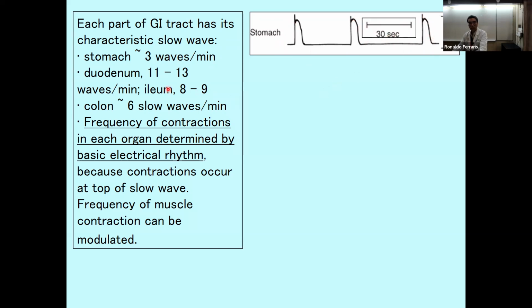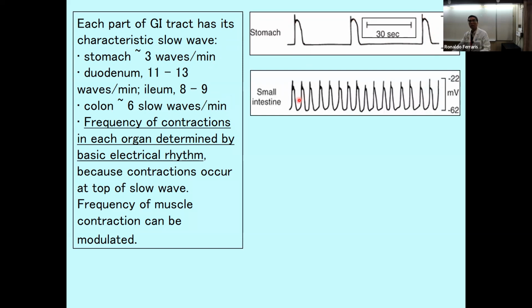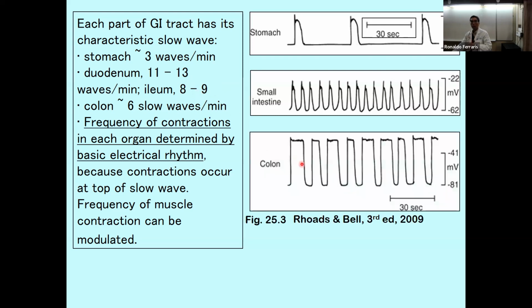In the duodenum, it's 11 to 13 waves per minute. So this is about 1 minute, and if you count the waves, it's 11 to 13. If you go more distally, you have fewer waves per minute. And in the colon, you also have slow waves, but about 6 slow waves per minute.